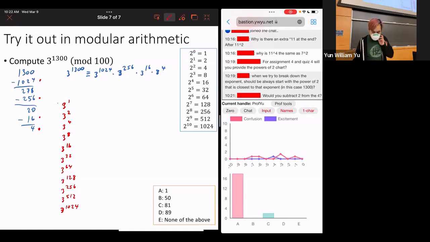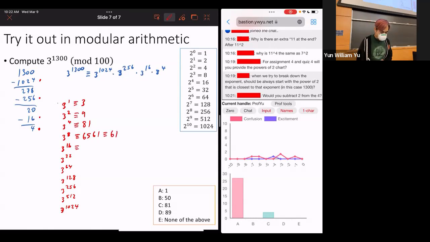Okay, we have a lot of A's, so we'll see if that's right. So that's 3, and that's equivalent to 9. That's equivalent to 9 squared, which is 81. And that's equivalent to 81 squared, which is 6,561, but I did mod 100 to make life a tiny bit easier, so this is just 61.